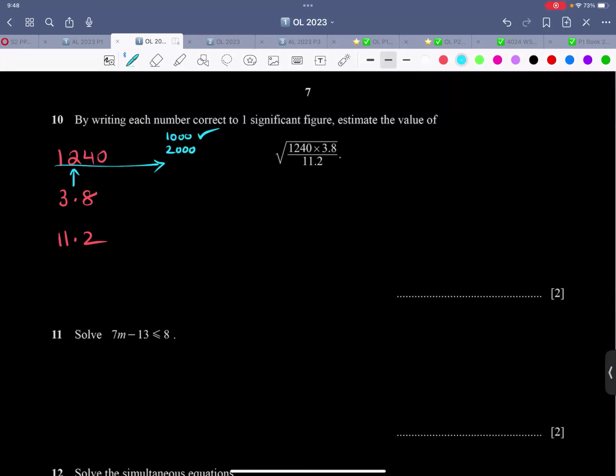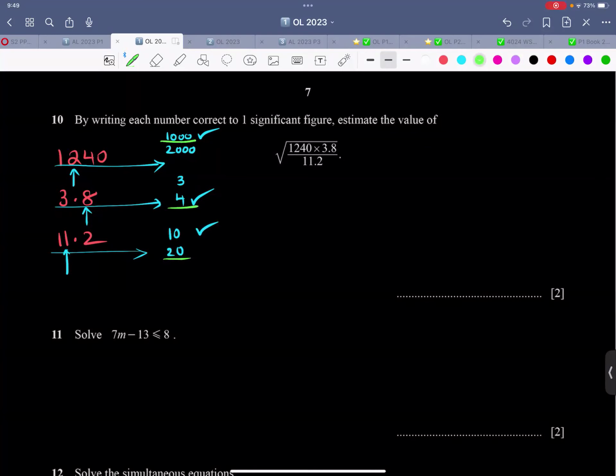It's closer to 1000, so pick this. 3.8, that's the second significant figure. It lies between 3 and 4. It's closer to 4, so pick 4. 11.2, that's the second significant figure. 11.2 lies between 10 and 20. It's closer to 10, so pick 10. So we have 1000, we have 4, we have 10.